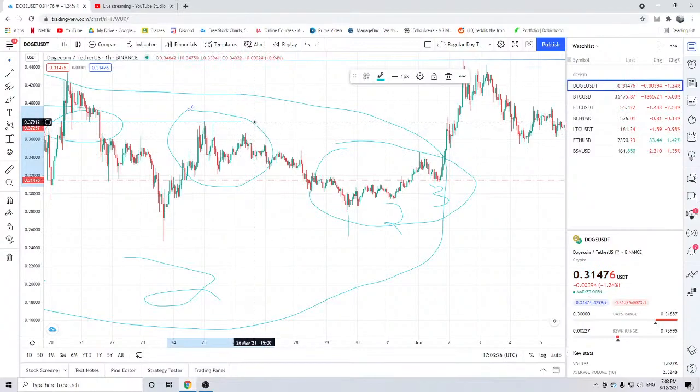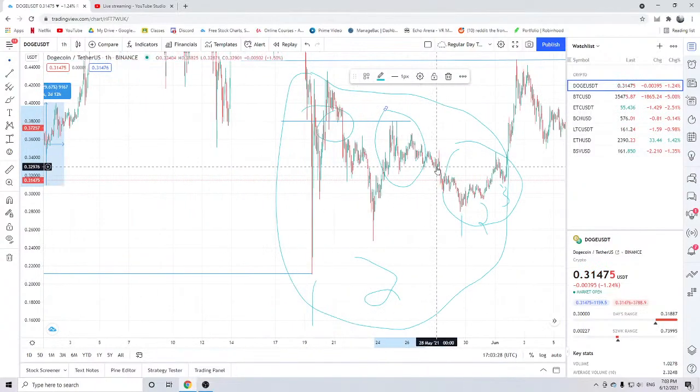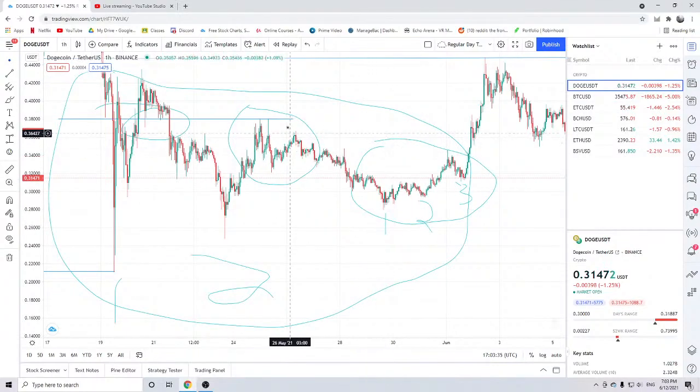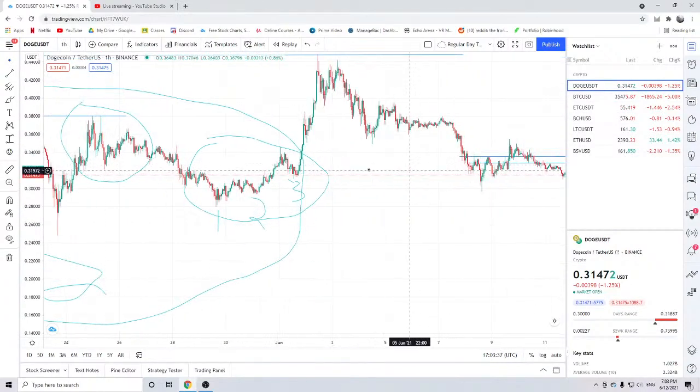It doesn't go all the way up, but it still goes up pretty good. And so that means that will happen. And another good buying point.